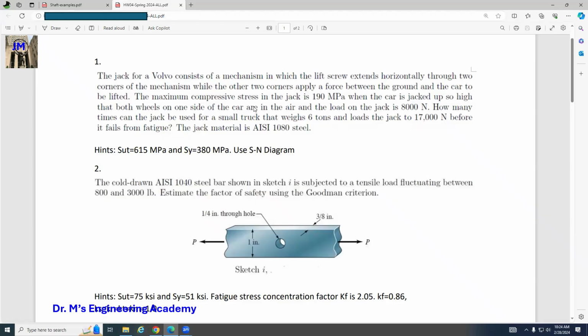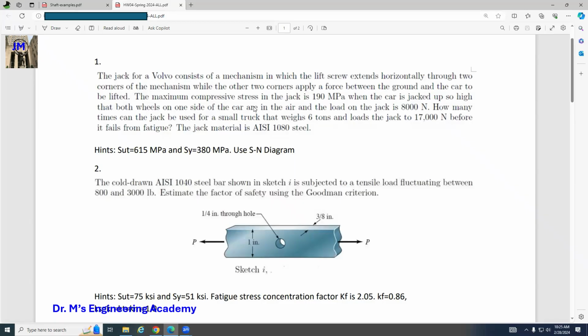Right? And then what about 17,000 Newton? So what is the stress? You compute the ratio. So this over this equals this over this, right?